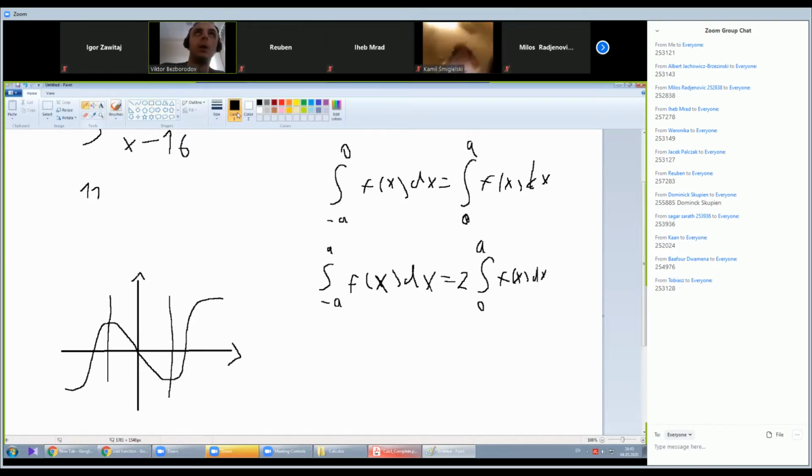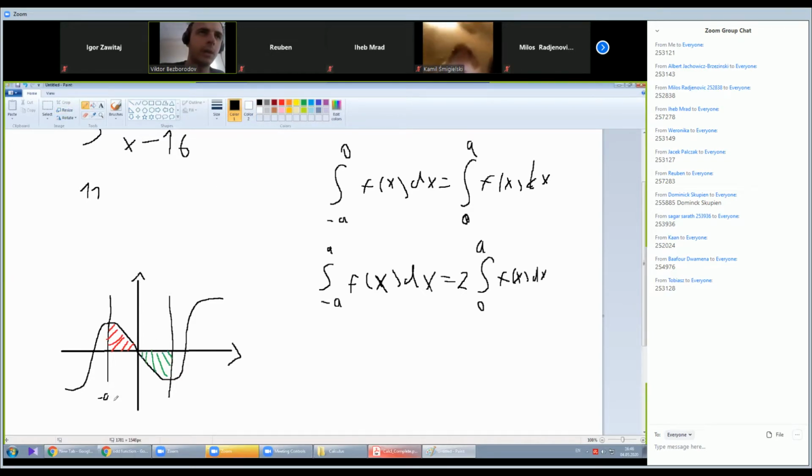And so the area of this thing here is going to be the same as the area of this, right? So the areas are the same because this is symmetric, right?